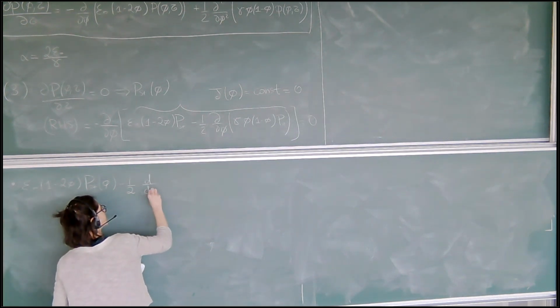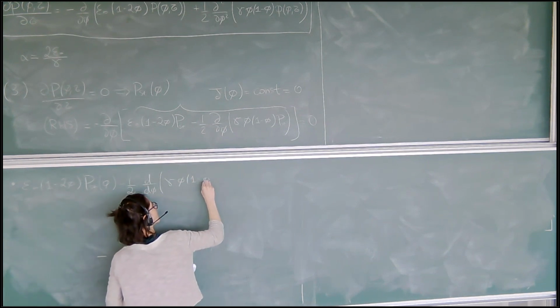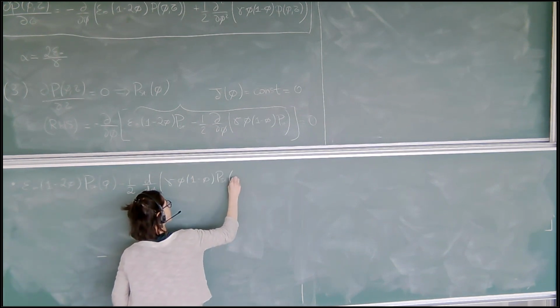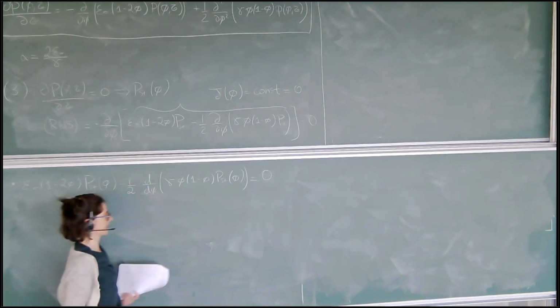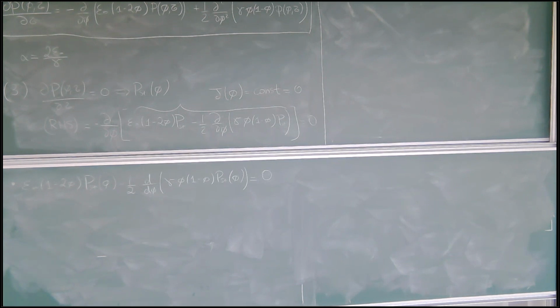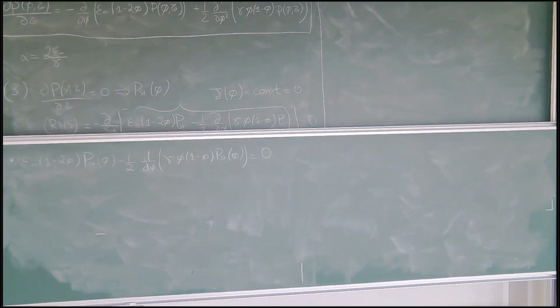Now I have d over d phi gamma phi 1 minus phi p stationary of phi. This has to be equal to 0. And now we solve this equation in 3 steps. At least I find it easier to solve it in 3 steps.